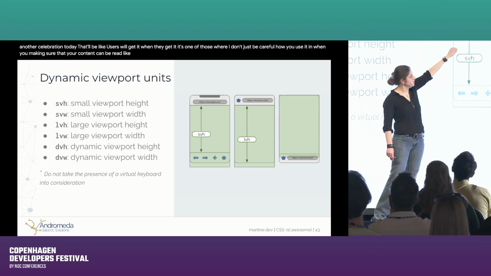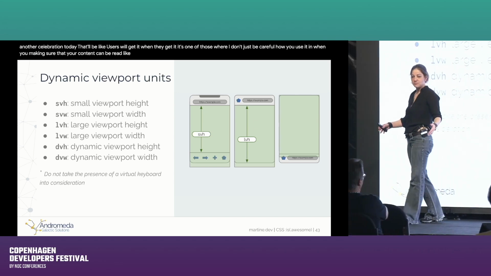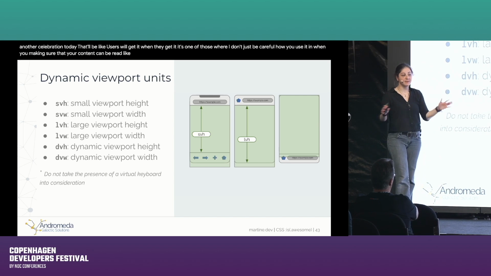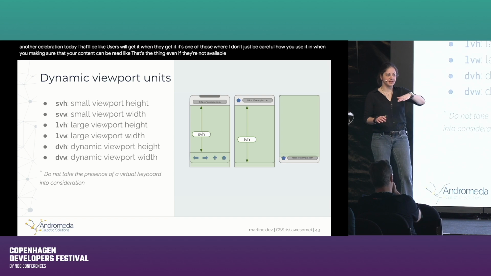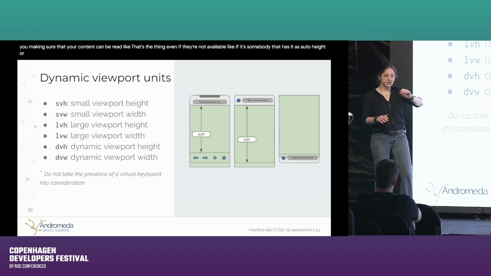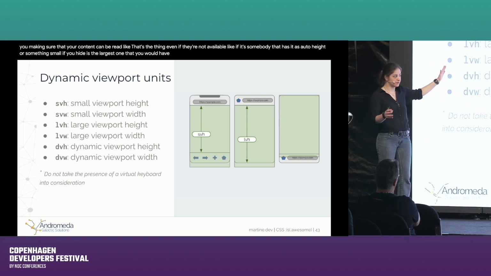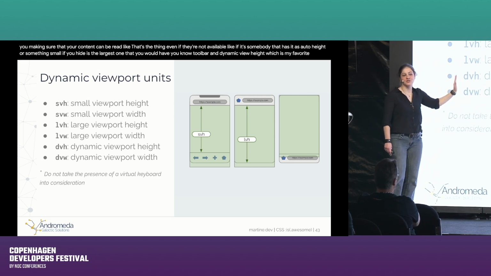In this example, between these two arrows would be the small view height, because it's the smallest available space anytime those toolbars may or may not appear. Even if they're not available, like if somebody has auto hide, small view height would take that into consideration. Large view height is the largest one that you would have, outside of your toolbar, and dynamic view height, which is my favorite, just figures it out.